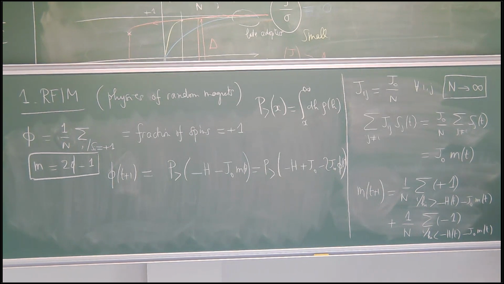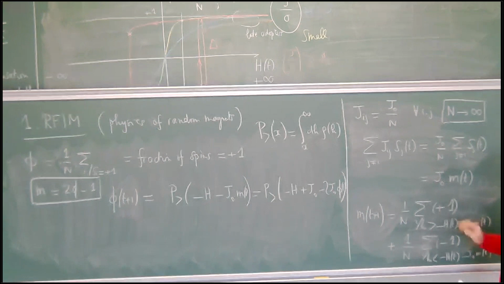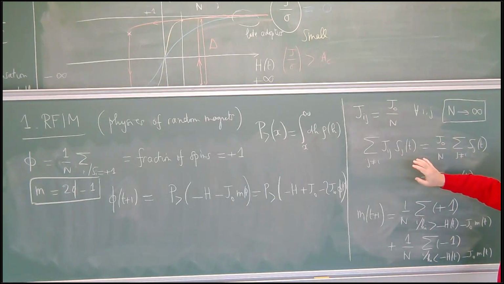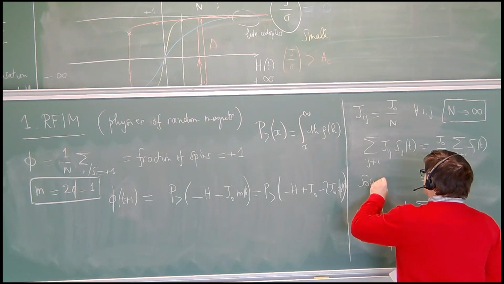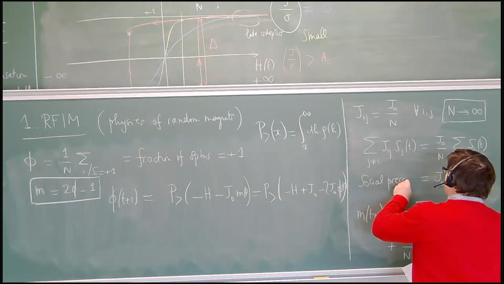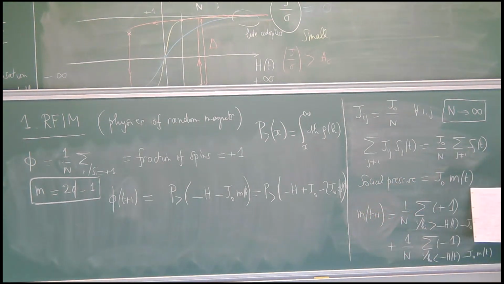So why is that assumption not that unrealistic? Well, if you see this equation here, it means that social pressure is actually proportional to the fraction of people who have already adopted, or the fraction of people who think left or think right, or any other way you want to picture the model.